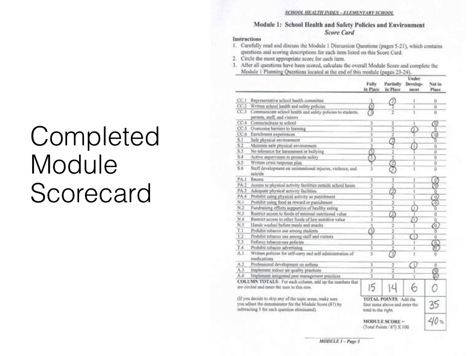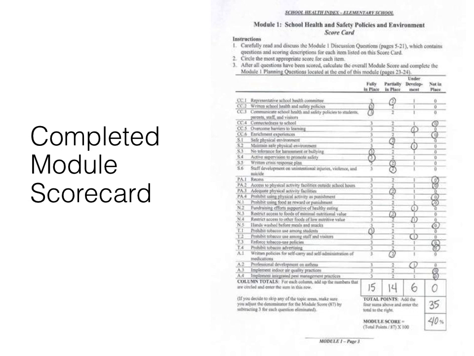Then you add each of the points for each of the columns and divide by the total points possible for the module. So we would divide 35 by the total points that are available for this module, which is 87.